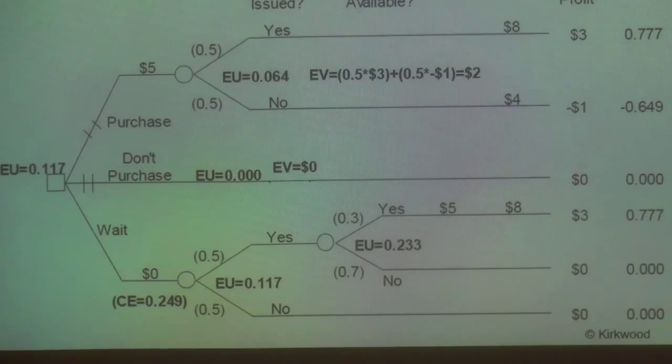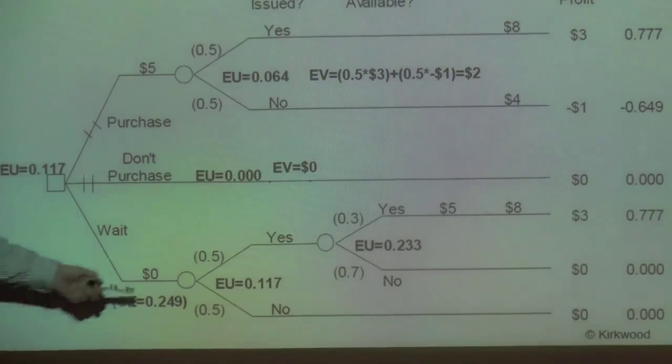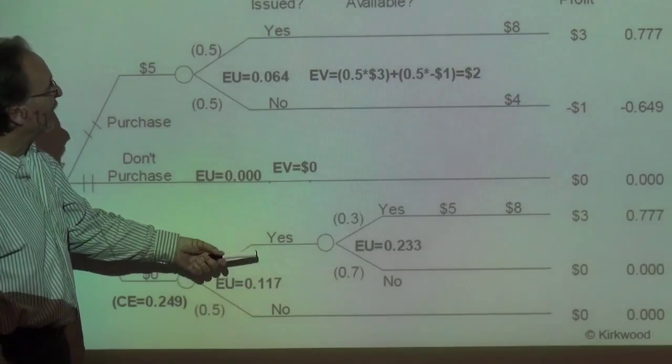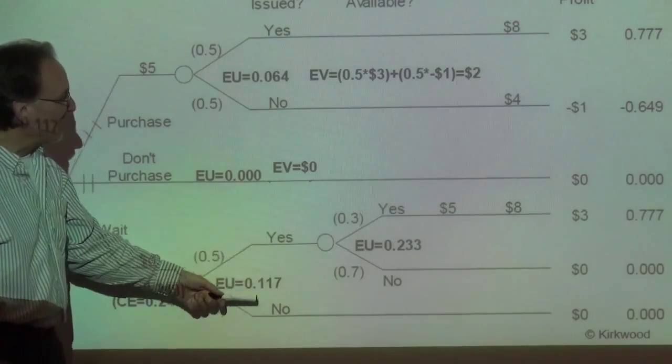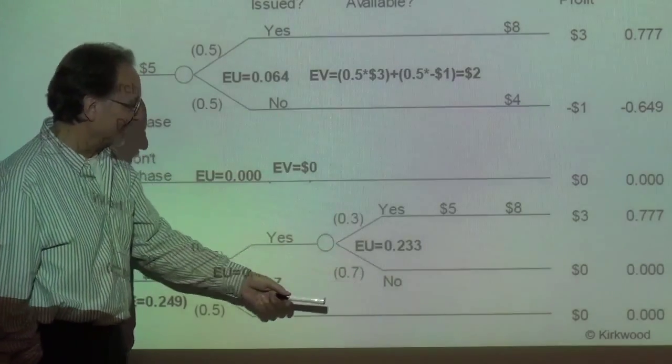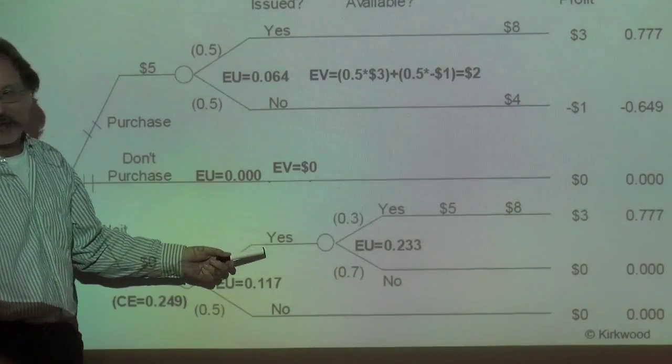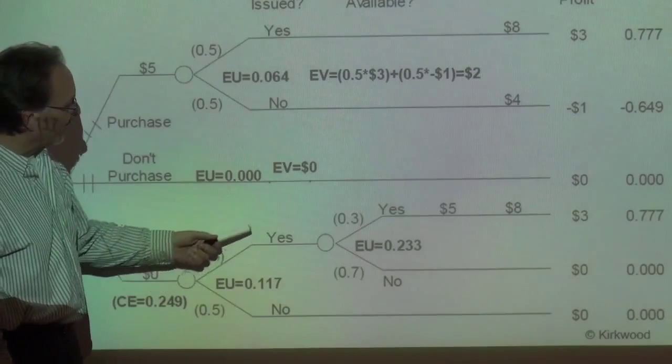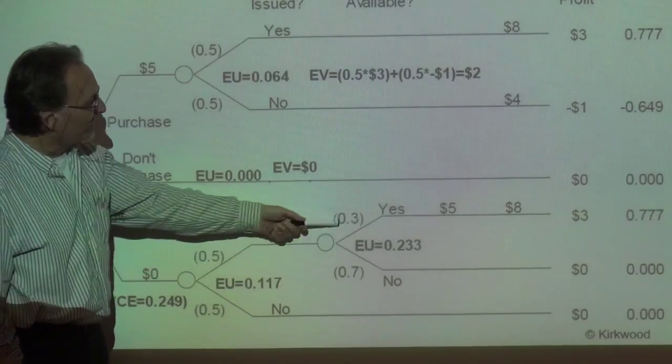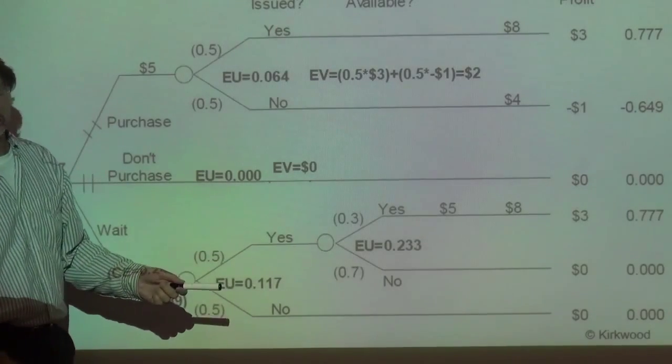Is it possible to get an import license? Here we pay for it up front, and if we get it, we immediately have it. Here we wait to see whether it's being issued, and then whether or not we can get it. That's the risk of waiting, because if you wait until it's been issued, then you only have a 30% probability of being able to get one.